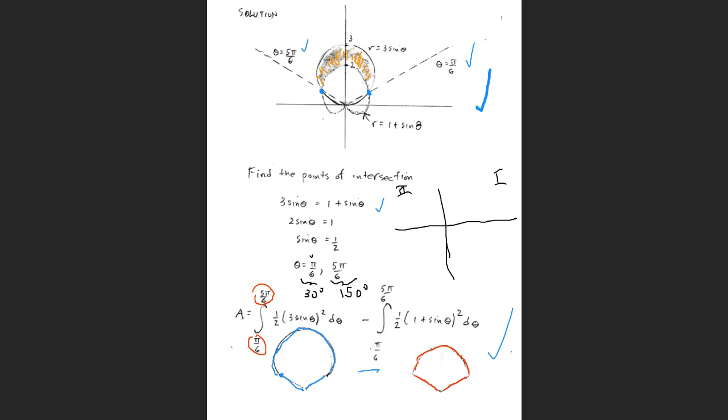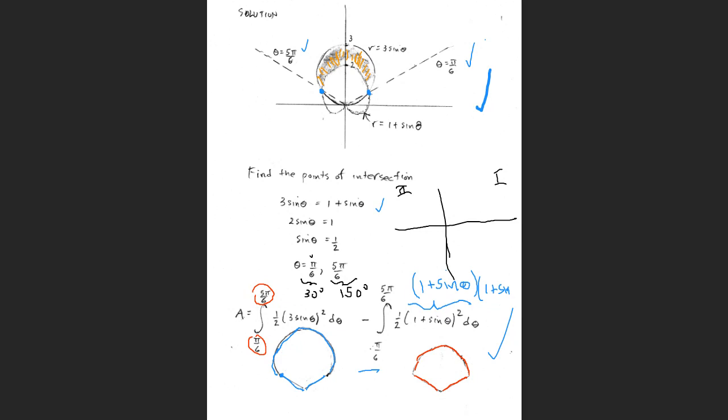Are there any questions on that? So naturally, 1 plus sine of theta, that quantity squared, is 1 plus sine of theta times 1 plus sine of theta. Hold on, everybody. I can't believe I didn't have enough room.